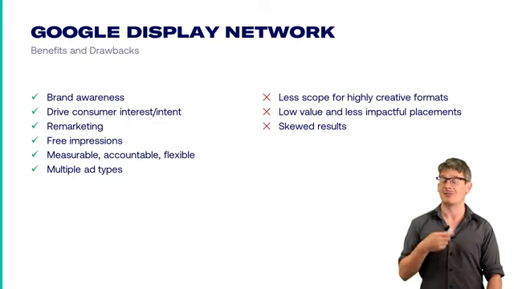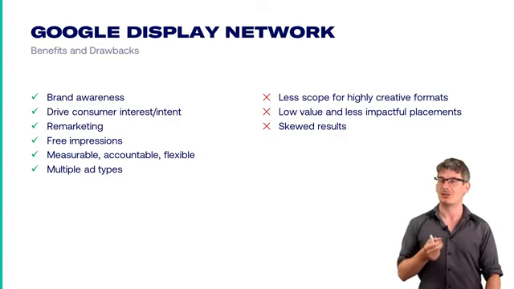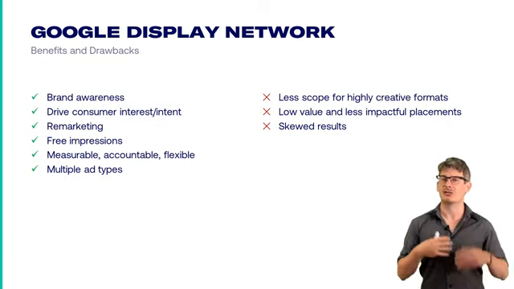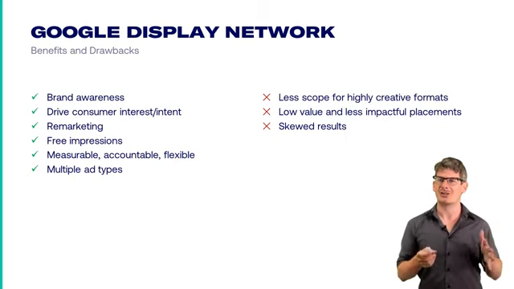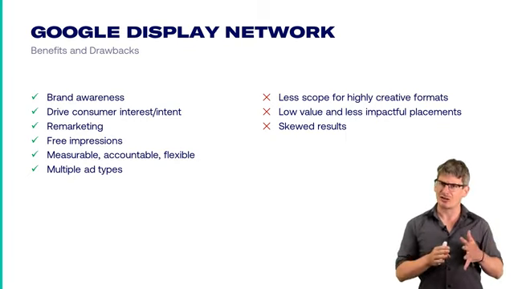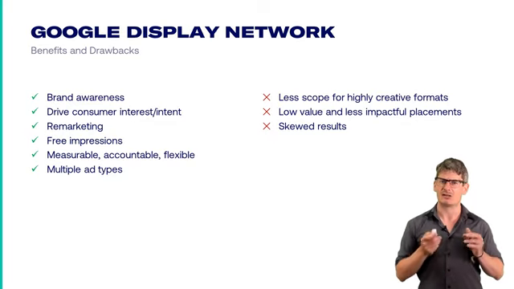As a result, the placements that tend to sign up to the Google Display Network can't command those premium prices, so sometimes we do get shown on less impactful and lower value placements. And because it's such a wide-reaching net, your expectations have to be managed so that your results don't get skewed beyond what you actually expected.